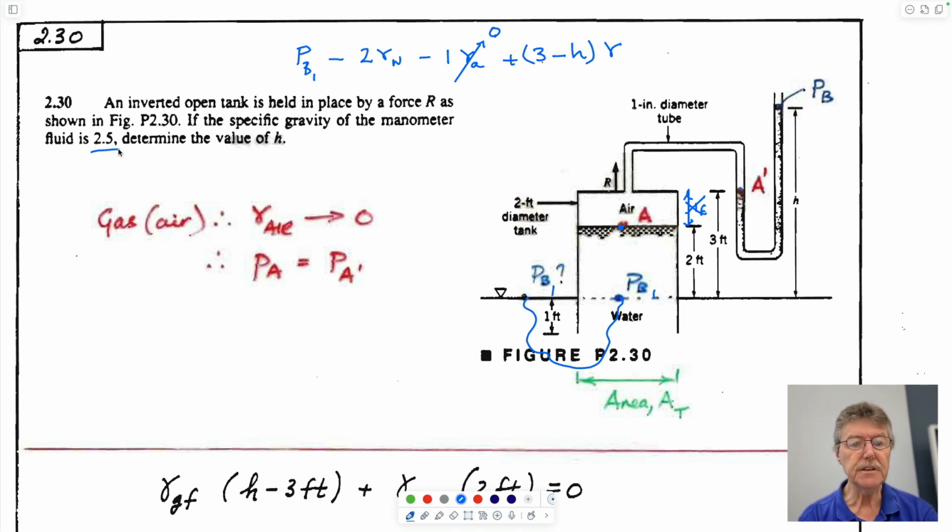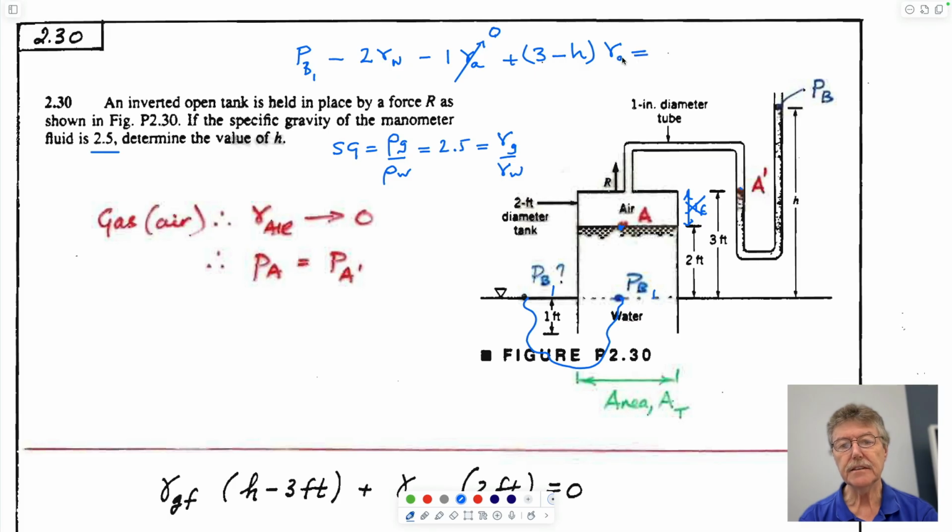So the manometer fluid is SG of 2.5. So the specific gravity is equal to the density of the gauge fluid over the density of water, which is equal to 2.5, which is the same as the unit weight of the gauge fluid divided by the unit weight of water.